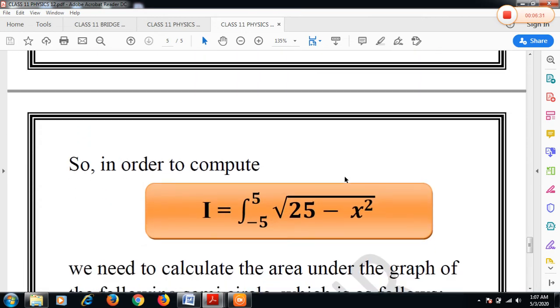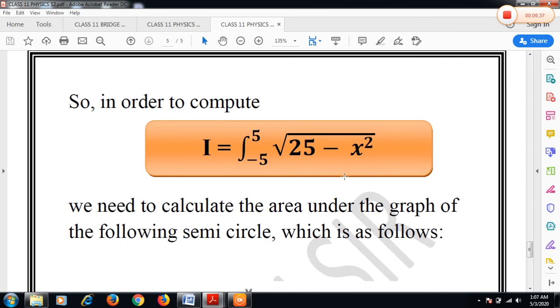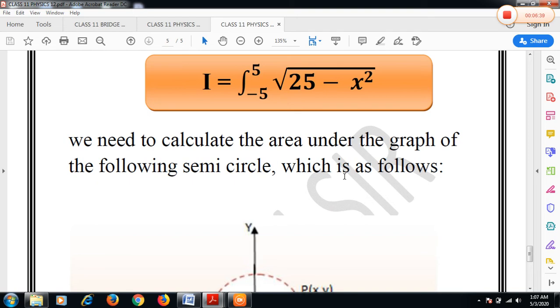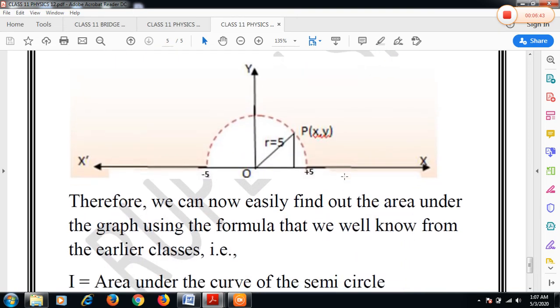So in order to compute the given integration, that is I equals integration from minus 5 to 5 of root over 25 minus x square, we need to calculate the area under the graph of the following semicircle. Have a look at this figure. This is the semicircle, the area under which we need to find out.